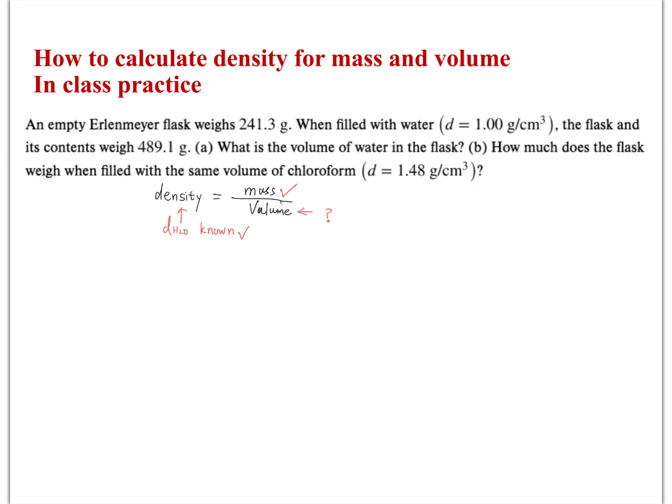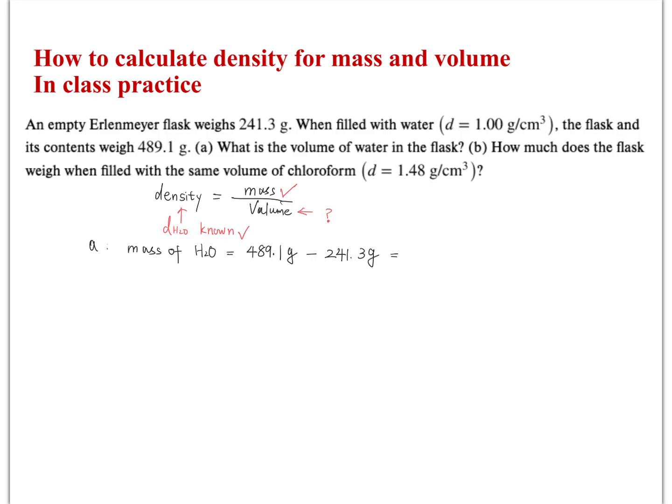So first, we need the mass of the water. That is super easy. The total weight of the flask is 489.1 grams, and the flask itself weighs 241.3 grams.